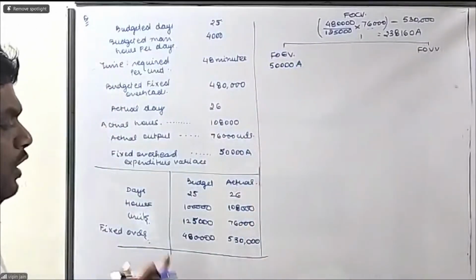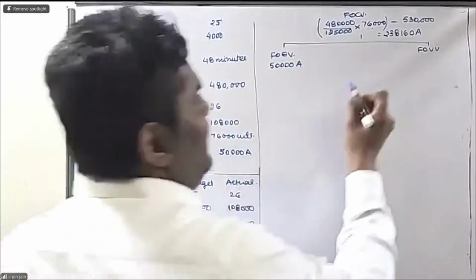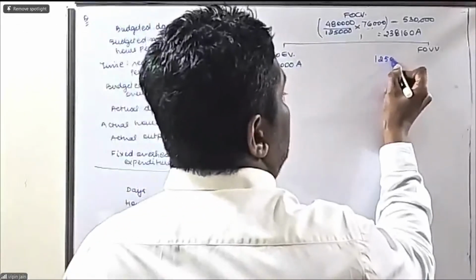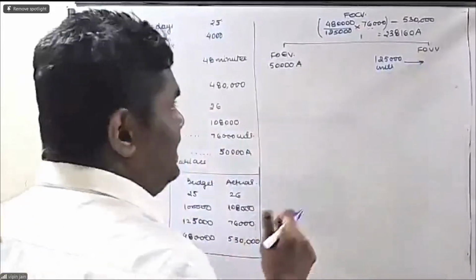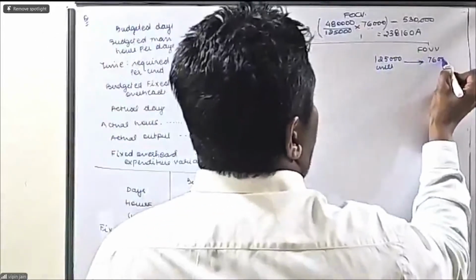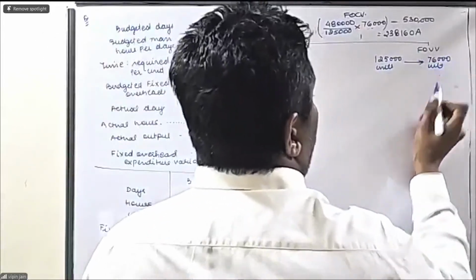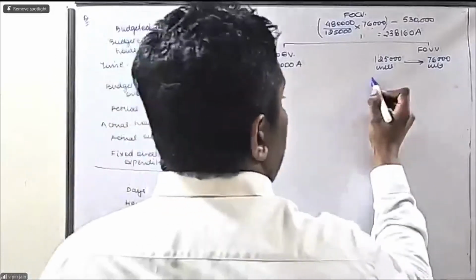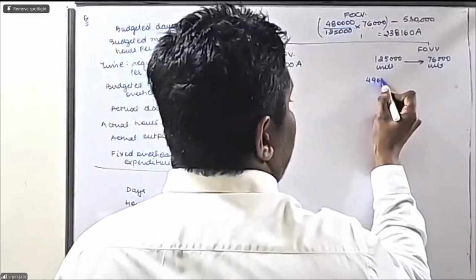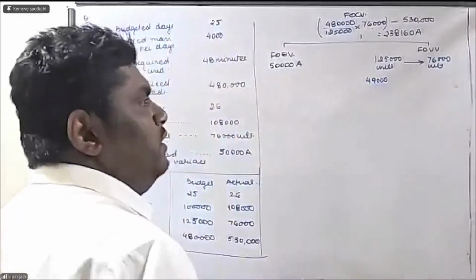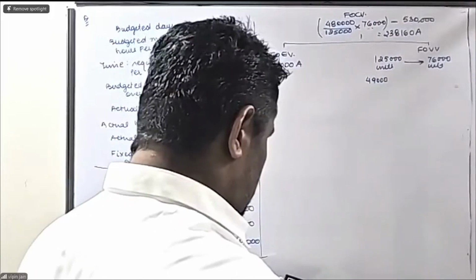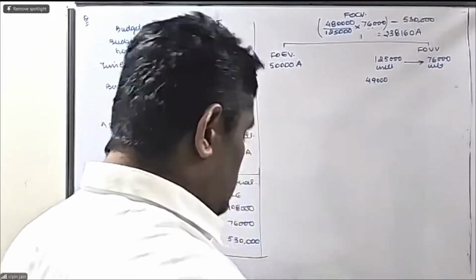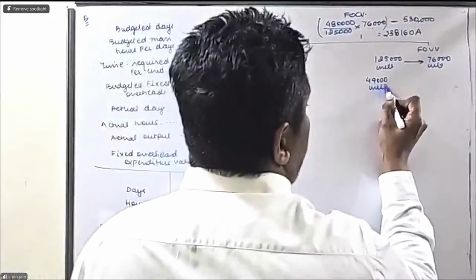When talking about volume, we were supposed to manufacture 1,25,000 units. But we actually manufactured only 76,000 units. So how many units did we manufacture less than what we targeted? 49,000 units.